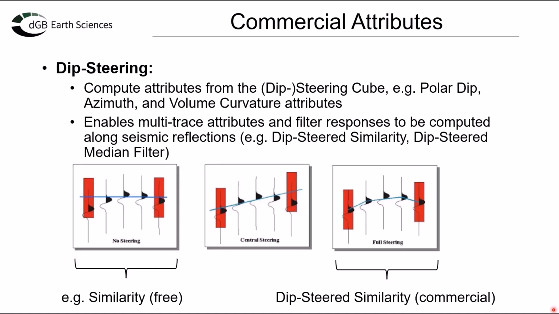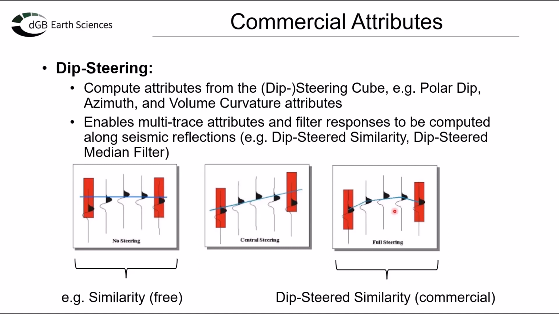For example, if you look at the free attribute similarity, then in the free version it will be calculated like this. This is the evaluation position, and you just horizontally extract the information to compare these seismic traces on how similar they are. Now, if the seismic is dipping, then you are comparing apples and pears.